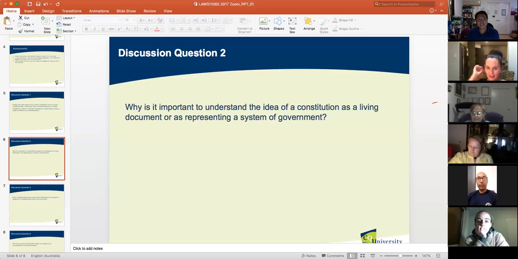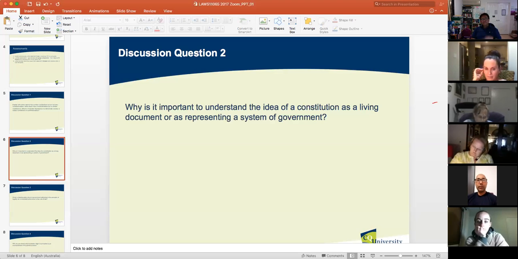So the idea of the Constitution as a living document. I guess as a living document, it means that it is, well, this is my take, still subject to change with the times, should that become necessary.